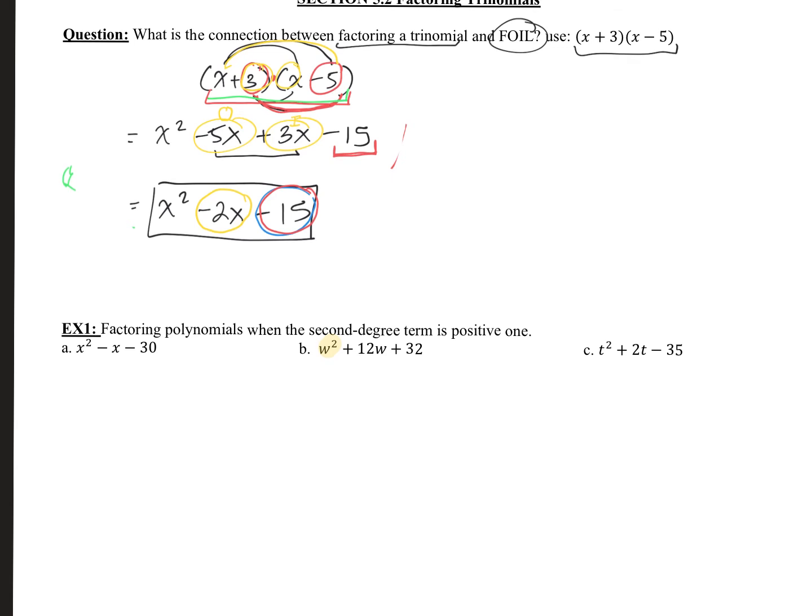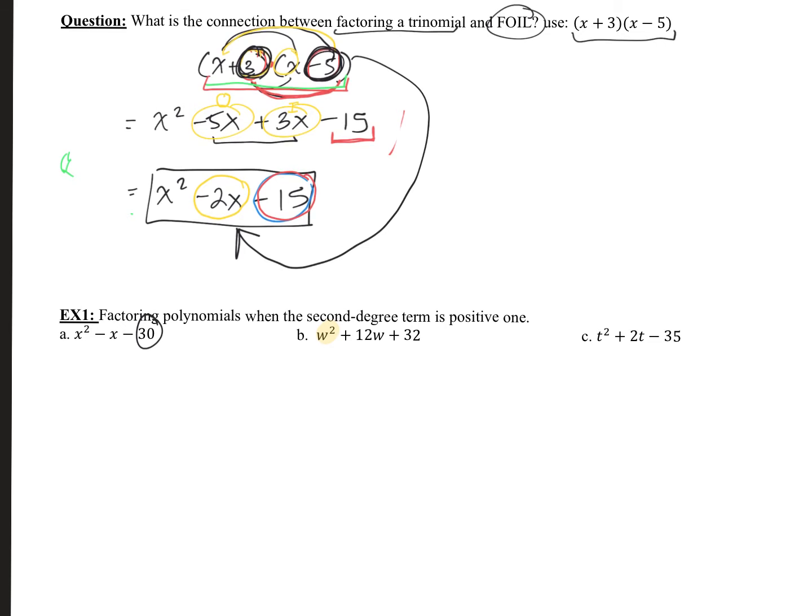You'll recall the end term should be a product that, when I actually add those two together, the 3 and the negative 5, for example, I should get the middle term. So what we're looking for is factors of 30 that when I add them together, I'll get a negative 1.